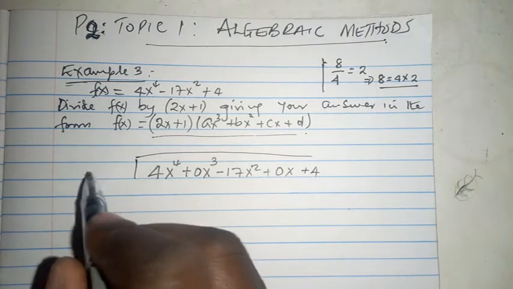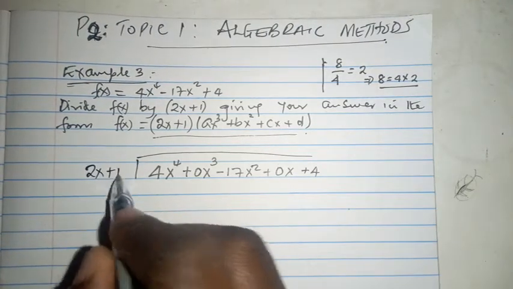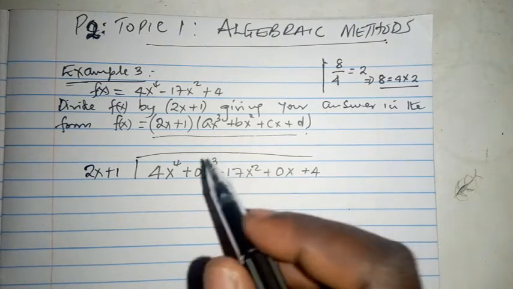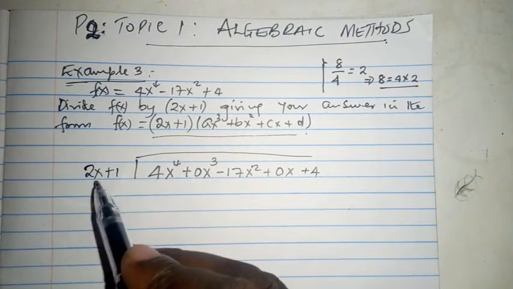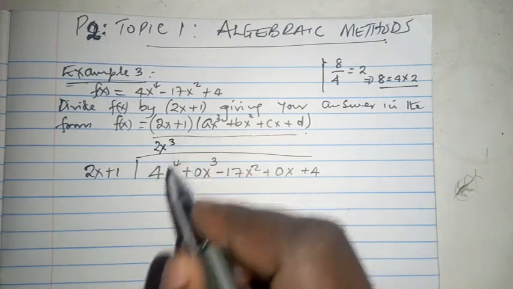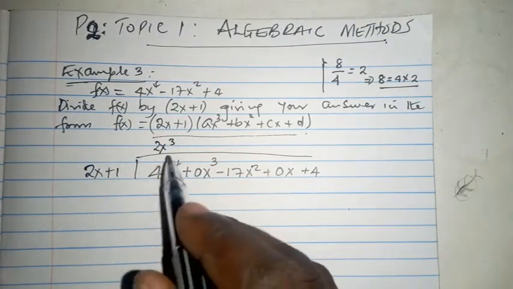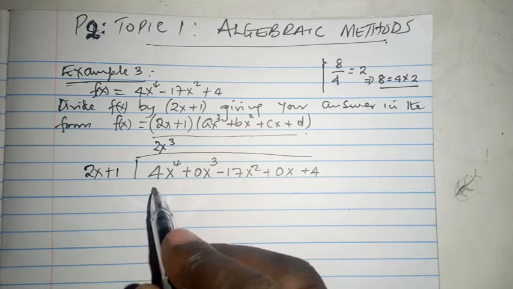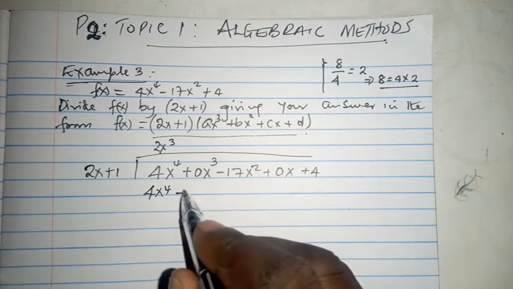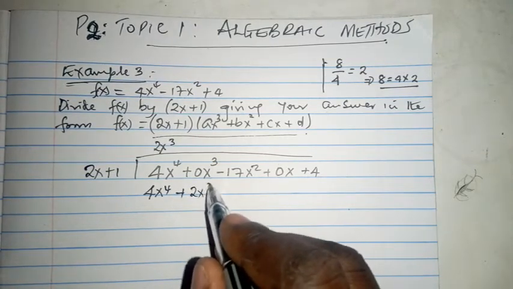Of course, divide by 2x plus 1. And now we can work so comfortably. 4x^4 divided by 2x, of course it is 2x^3. You multiply out by everything, you have 4x^4 plus 2x^3.